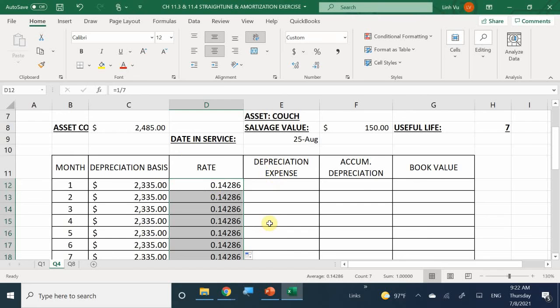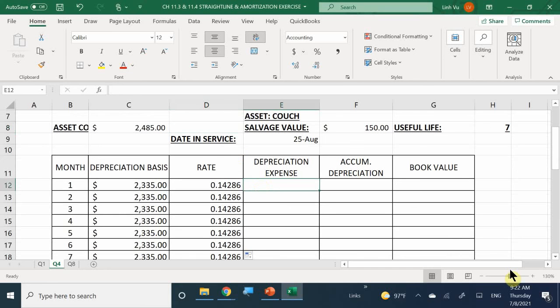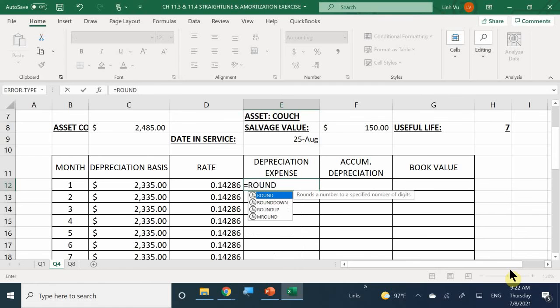Now, what is going to be my depreciation expense? Because I have to round my answer to the nearest penny, I'm going to use my equal round. But what is going to be my depreciation expense here? Is it 333.57?